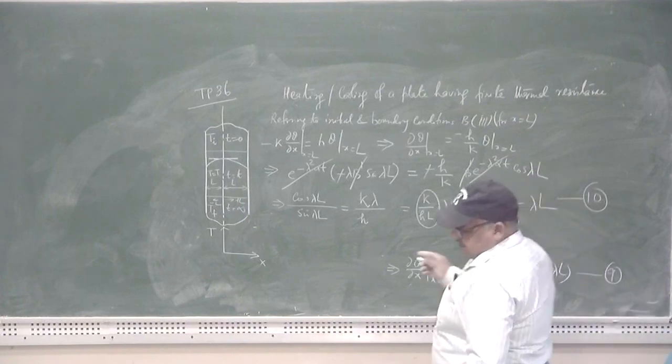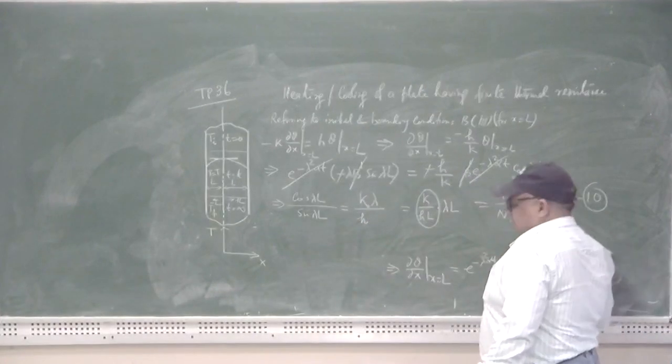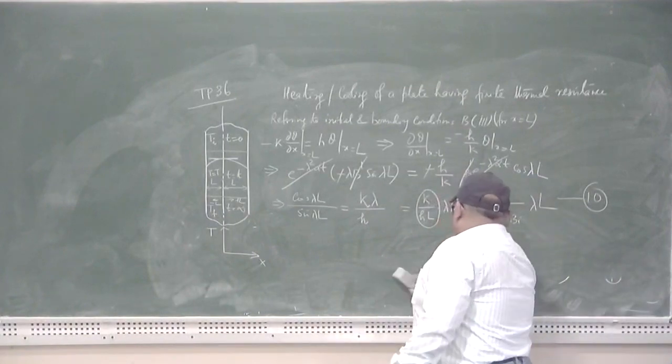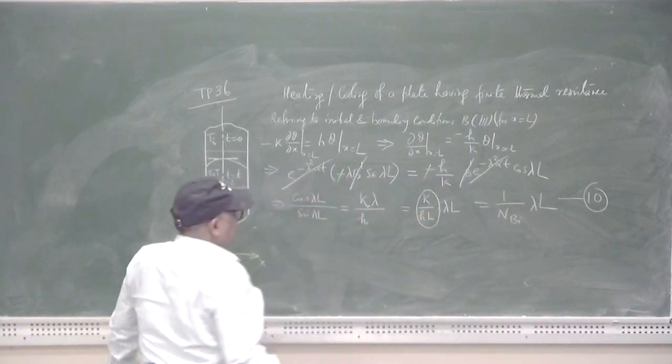This equation number 10 is a transcendental equation, which has so many values of lambda.